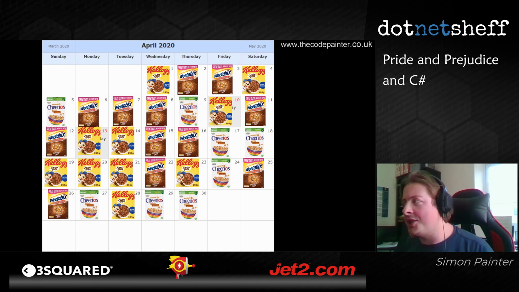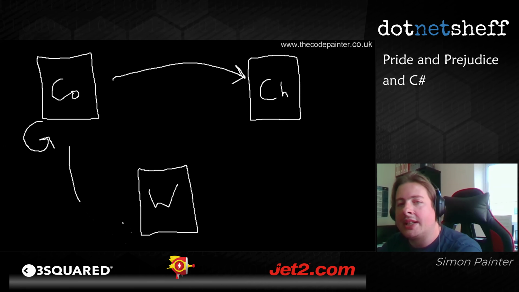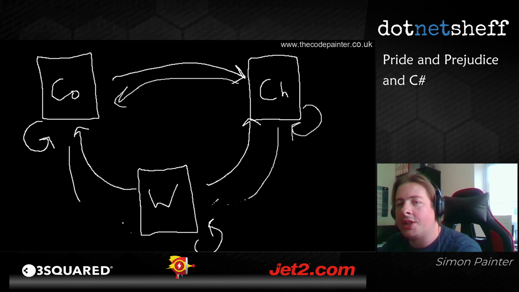So if you think about it, we've actually got 3 states: Cocoa Pops, Cheerios, and Weetabix. And for each of those states, 3 possible things could happen. They could stay the same, or they could switch to one of the others. Those are the, in total, 9 things that could possibly happen at any given point.